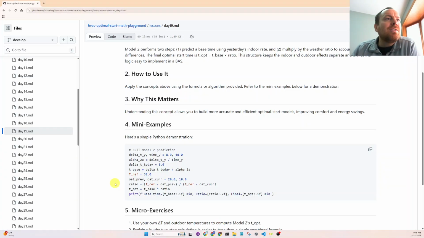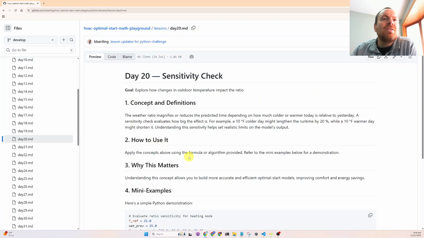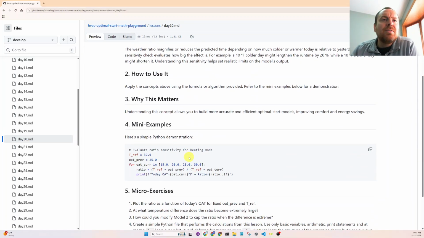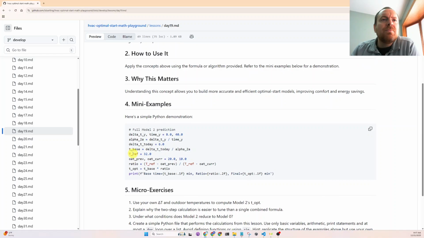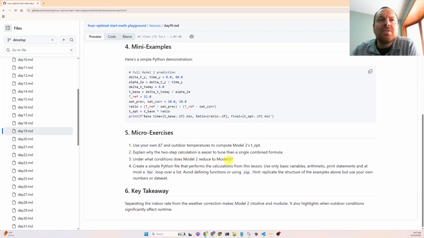I'm kind of curious to glance at this. We only have 2 more days left before we get day 22, which I think would be Model 3. Maybe we should just answer the questions first.